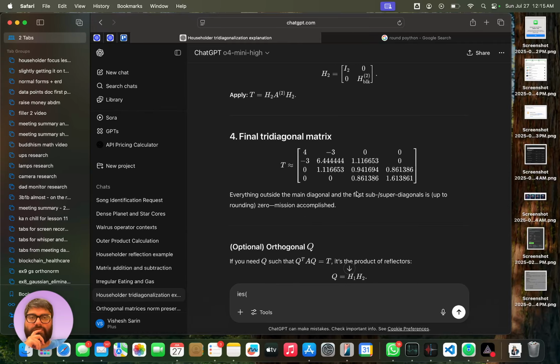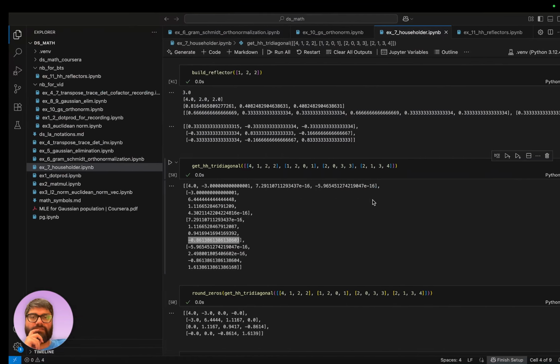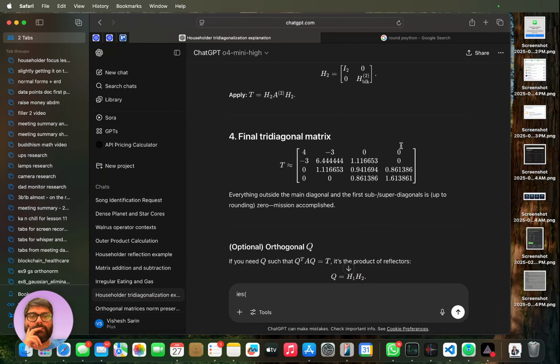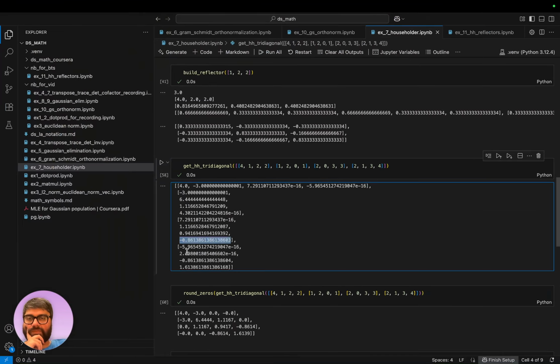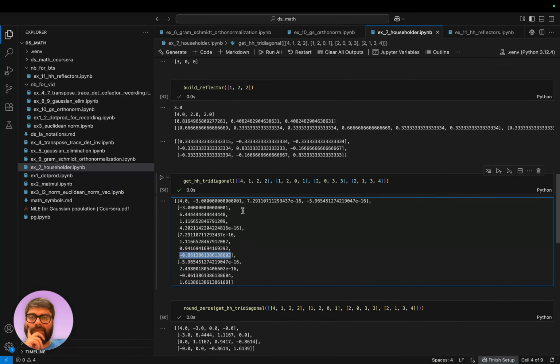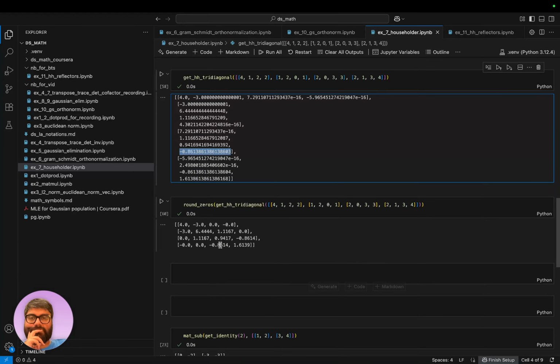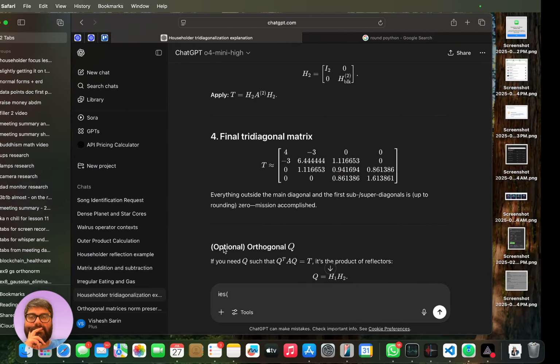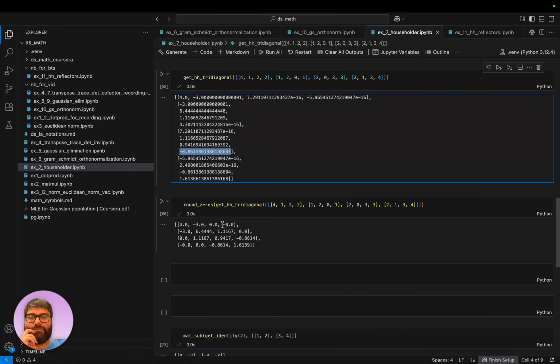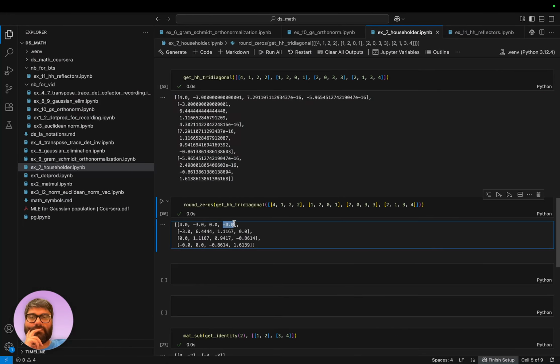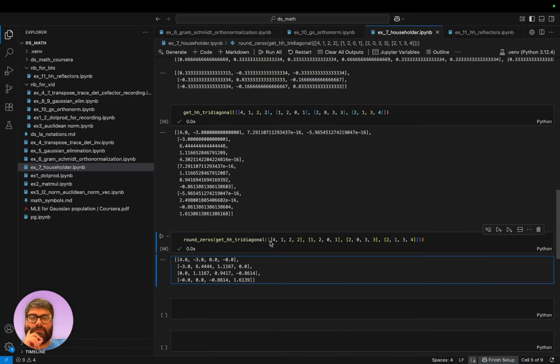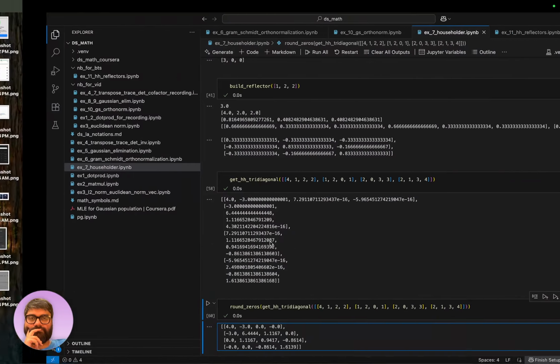Like over here, it should be 0.86, but it's a negative 0.86. Yeah. I just realized that because I had a round. How do you have negative 0? That's crazy. Oh, that's because the value is negative. That's fine.